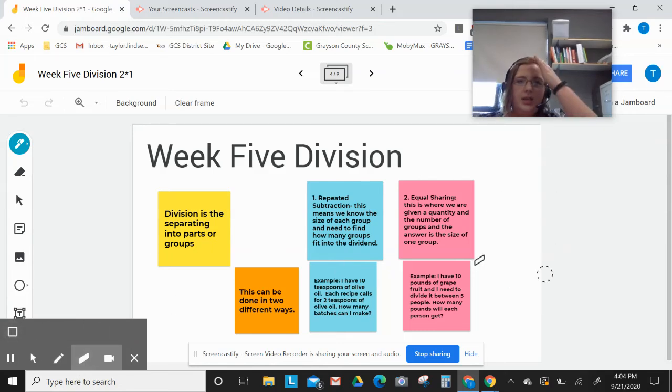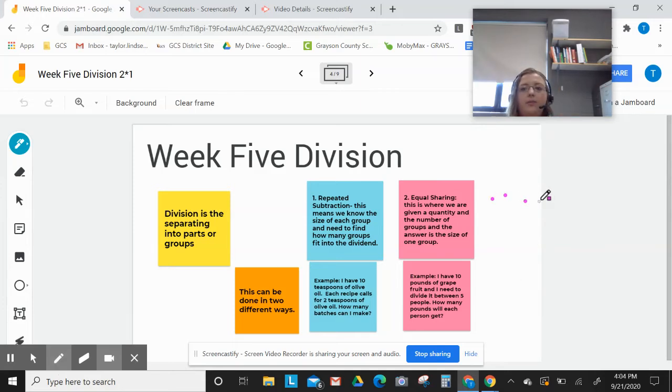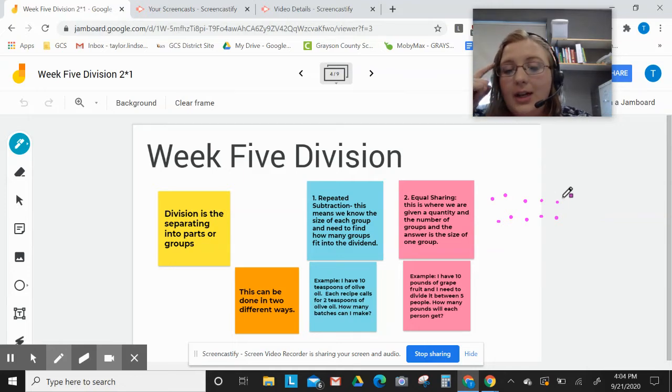Now, another way I could show this is by having drawn all the 10 and thought, how can I cut this so everyone has an equal amount? Well, in my head, I'm seeing a pattern. The pattern I'm seeing is 2, 2, 2, 2, 2.